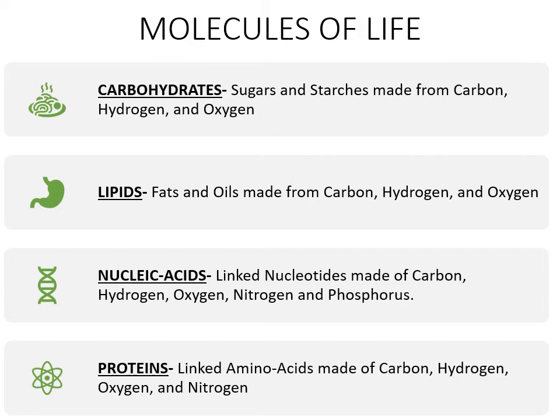Nucleic acids, as I mentioned, again, look at the typical elements that all of these are made of. Nucleic acids are made of carbon, hydrogen, oxygen, okay, just like lipids and carbohydrates, but they also have nitrogen and phosphorus. And they are the building blocks of every cell's DNA and RNA, which is the genetic information of the individual cell, okay?